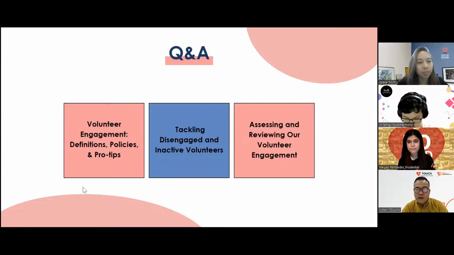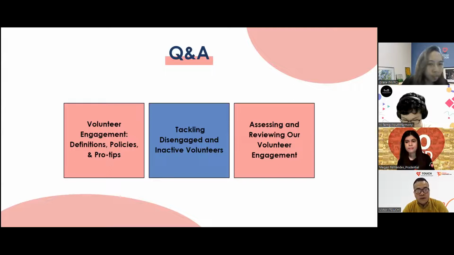At the same time, we also do an annual survey, meaning that we'll gather feedback from the volunteers, and from there we will review our processes or areas where we can improve so that we may better equip our volunteers.